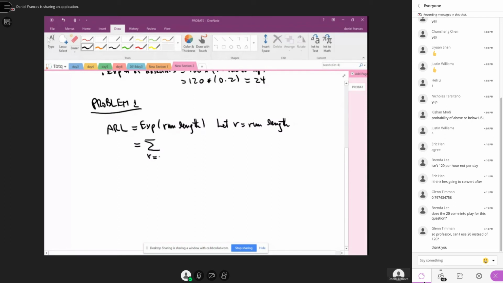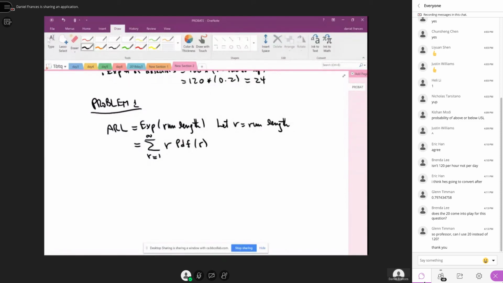R is going to be either 1, 2, 3, 4, or up to infinity. And the expected value will be the run length times the probability, I'll call it PDF, of R. What's the probability of it being R?